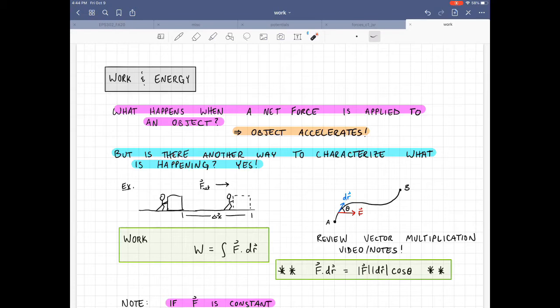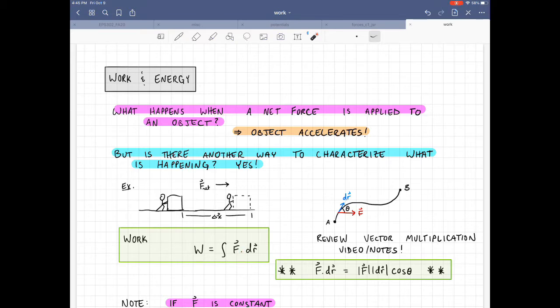And so we can define a new quantity, and we're going to call it work, that's related to the force that I'm applying to an object multiplied by dr, the small chunk of displacement. And then this integral means that we evaluate this over the entire motion. Now, the multiplication here is this little dot.